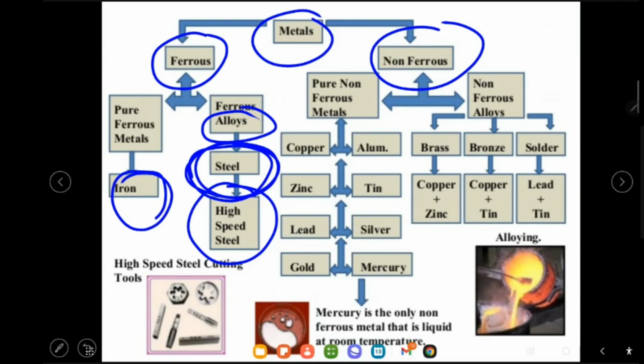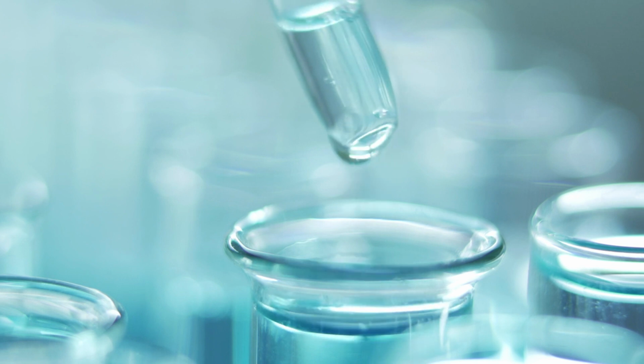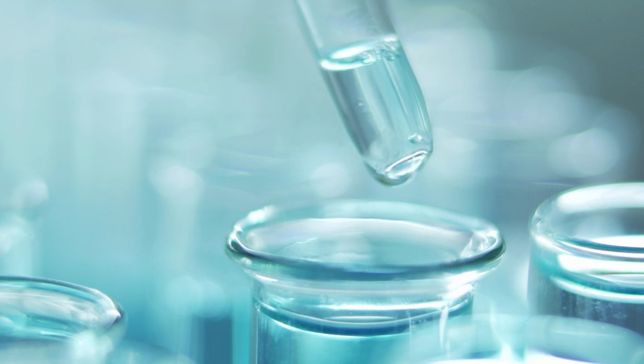Meanwhile, for the non-ferrous material, we have pure non-ferrous metal, for example, like copper, zinc, lead, gold, aluminium, tin, silver, and also mercury. And for your information, mercury is the only non-ferrous metal that is liquid at room temperature.